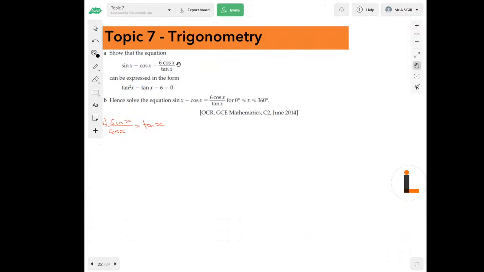So what we end up with is, if I write out the original equation, just so it's really clear, sine x minus cos x is equal to 6 cos x over tan x. So we want to divide through everything by cos x.